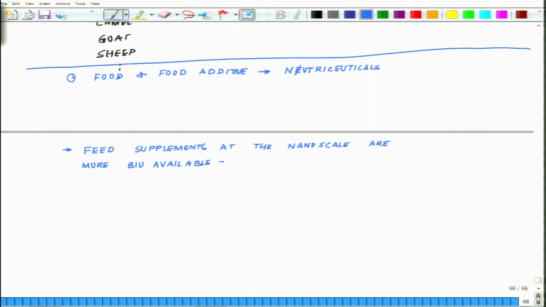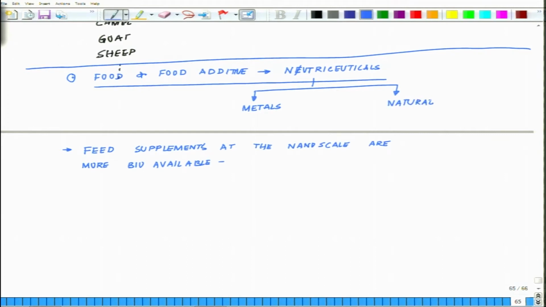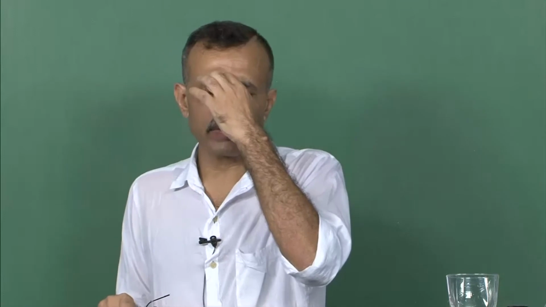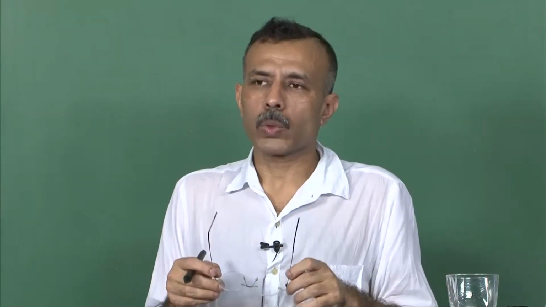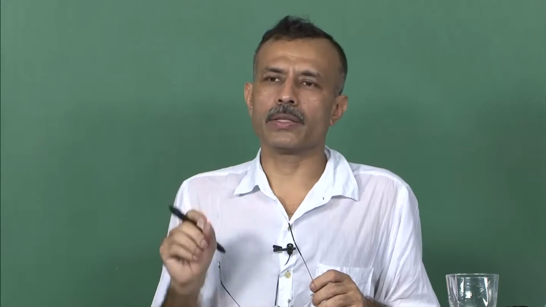Now these food and food additives or nutraceuticals could be sources of minerals or metals mostly, which fall under the mineral category, or this could be natural. There are several natural food additives which are available. This aspect of nutraceuticals is exceptionally important from the animal production point of view. For example, there are several poultry animals which produce eggs that are pretty fragile, where the shell is kind of weak and it cracks.